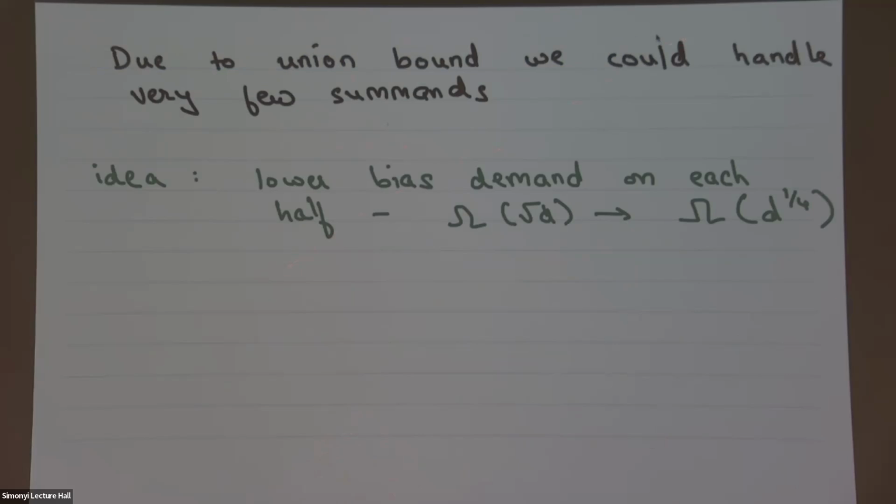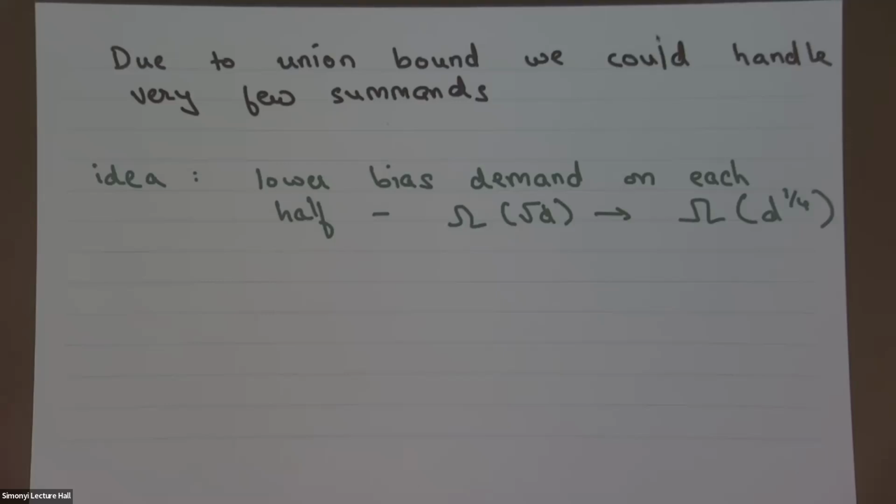One way of amplifying the probability is saying, let me not ask that each half has bias square root d. I don't want to get such strong exponential lower bounds. Let me just start with hoping for weak bounds. What if I just want to say that each half has bias fourth root of d? Now it's not just a constant probability of a piece having bias fourth root of d.